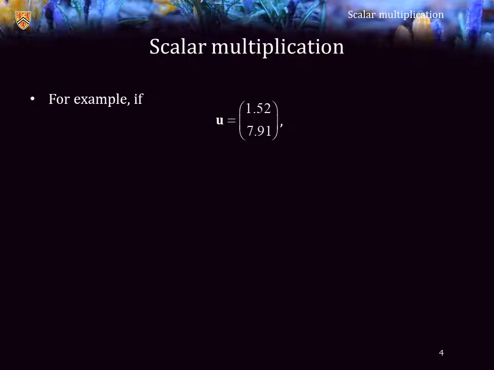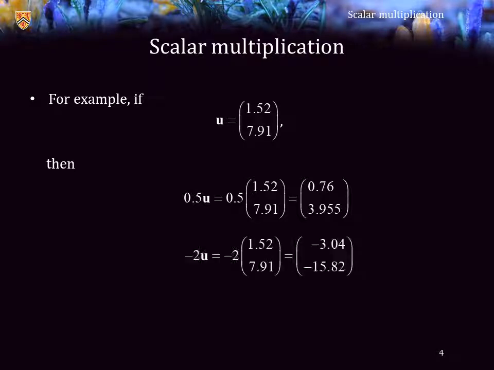For example, if u is this vector 1.52, 7.91, then multiplying this vector by 0.5 gives us the result 0.76, 3.955. Also, multiplying this vector u by -2 gives us the vector -3.04, -15.82.